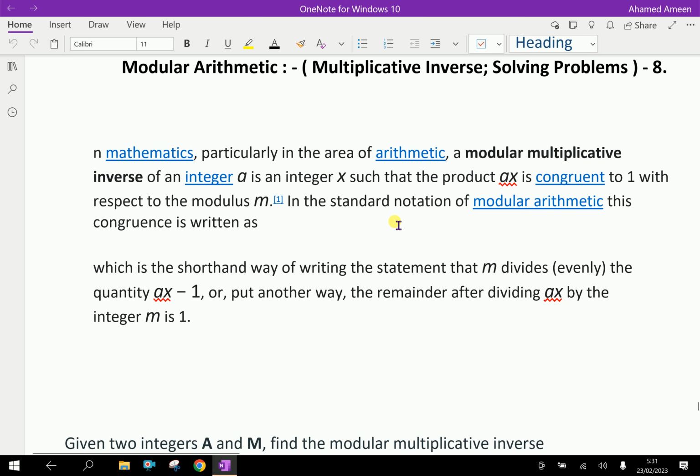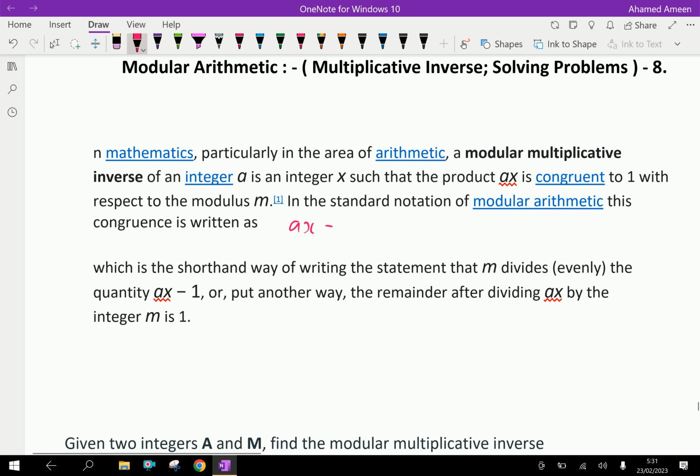In the standard notation, this congruence is written as ax ≡ 1 mod m, with the shorthand way of writing the statement that m divides evenly the quantity ax minus 1. Or put another way, the remainder after dividing ax by the integer m is 1.